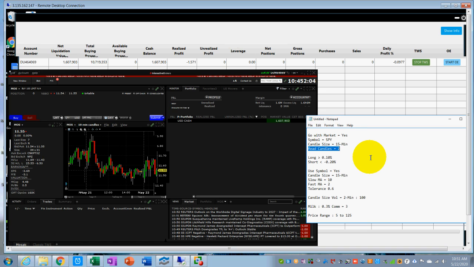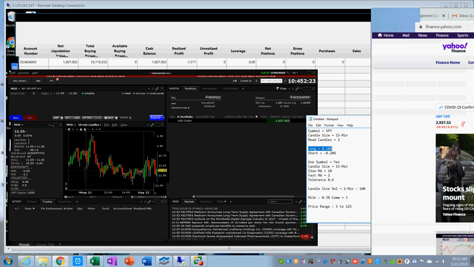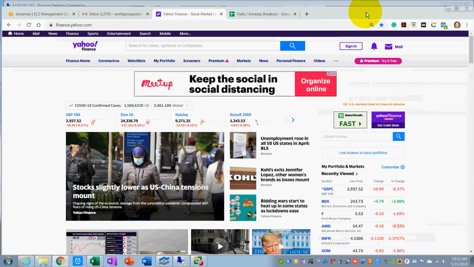then this will trigger. Right now, for the long, we are saying go long if the S&P is over 1.0%. Of course, that's not the ideal situation. Let me see if I can bring you to the real market condition as of now.